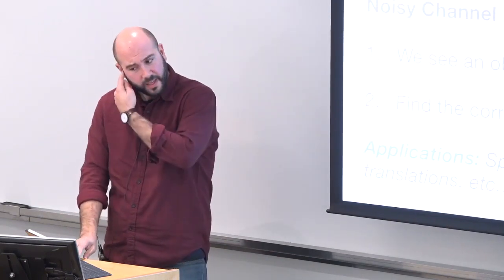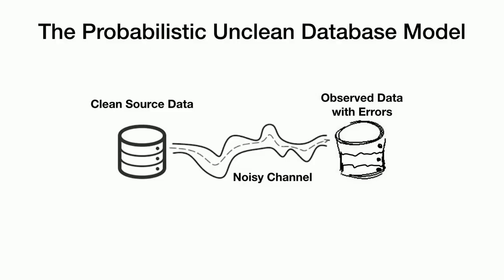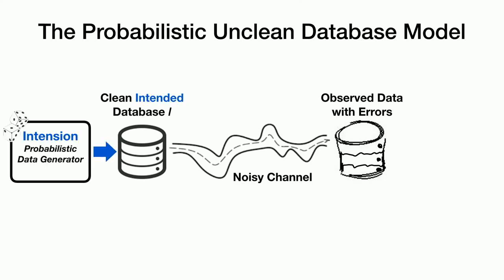Motivated by this, we developed a framework that relies on this idea of a noisy channel for data cleaning, for managing, repairing and cleaning noisy data. What is our framework? We start with a clean data source, and we assume it goes through this noisy channel, and we observe our errors.